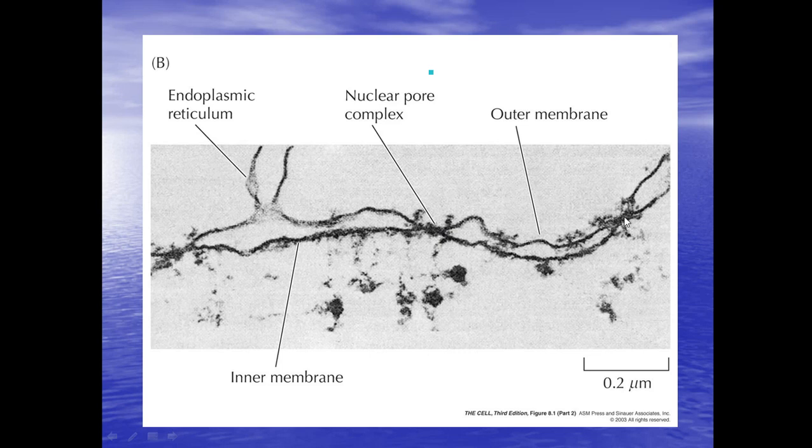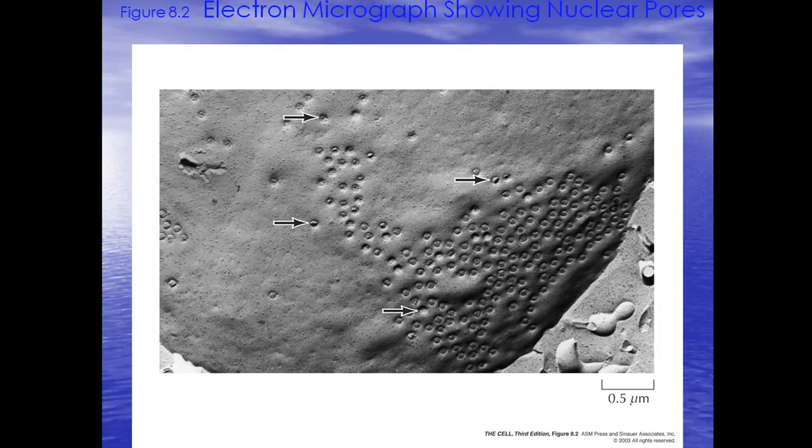Here is one more. Here also you can see. These are the nuclear openings or pore complexes. They are functionally similar to the plasma membrane. If you observe the nuclear membrane through the scanning electron microscope, you will get such pictures. All these openings are nothing but the nuclear pores.